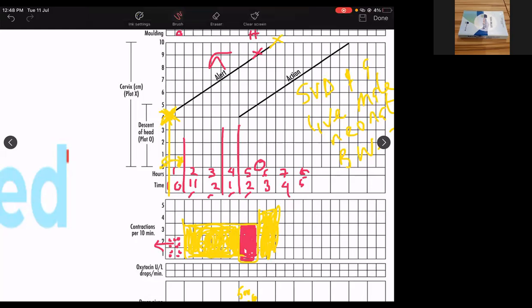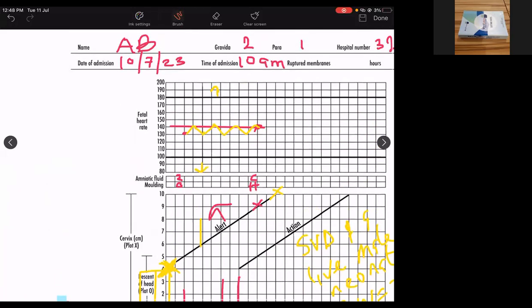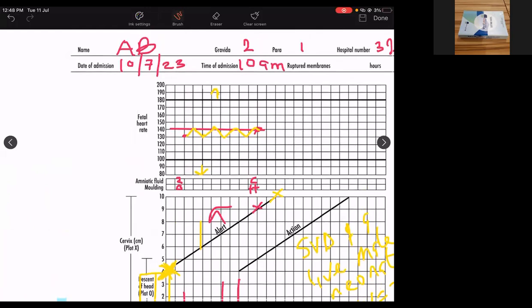But in order not to get the rest confused, that was why I didn't plot it this way, because we don't have boxes to back up. Assuming sometimes they will tell you that previous to this, at 9:30, the fetal heart rate was 130, and we started plotting at 8:30, for example, and we started plotting here as our 9.